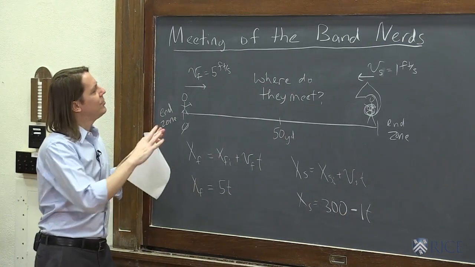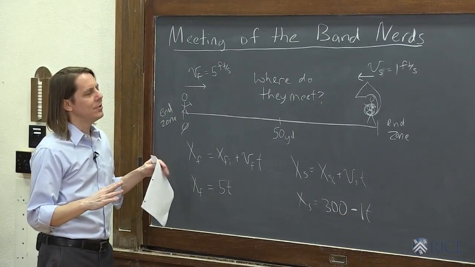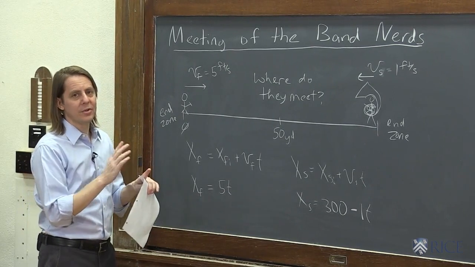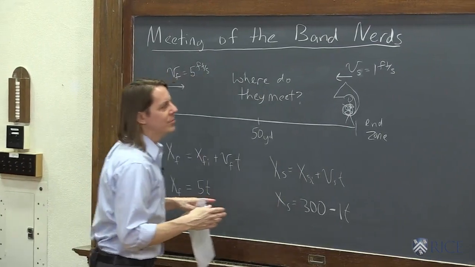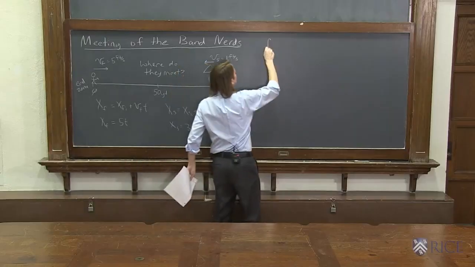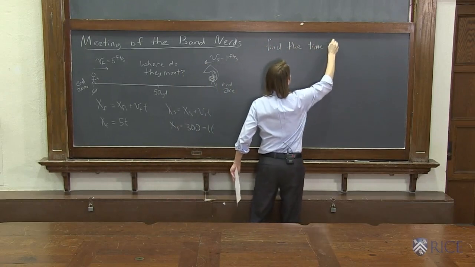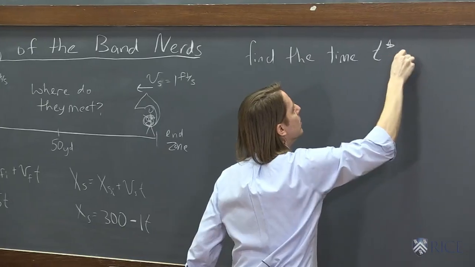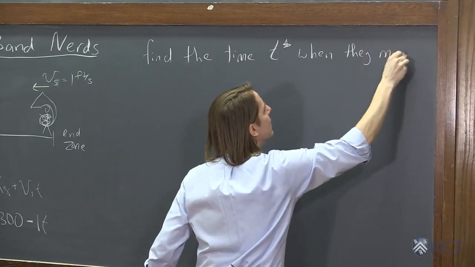So when you want two things to meet, you got to think about what's going to happen. When they meet, they're going to have the same position at a certain time. So the way I would probably start this problem is to say, find the time, I'll call it t star, when they meet.